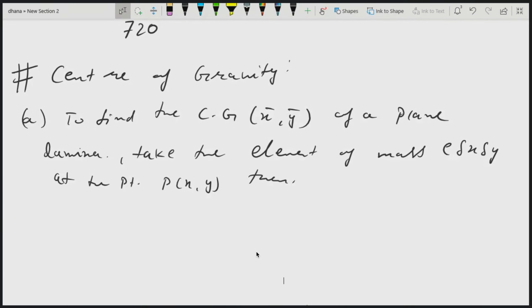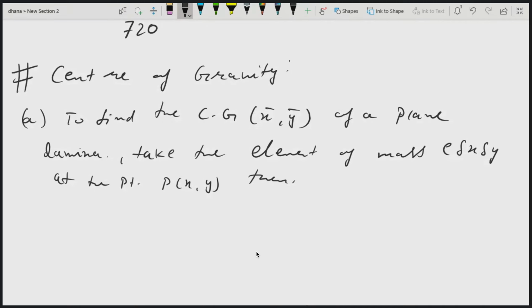Okay. Anything else? Geometrical center. Okay. So it's a point you need to find, I mean, x and y coordinates. Center of gravity means you need to calculate a point. Is it or not? So here you will have x bar and y bar given by.